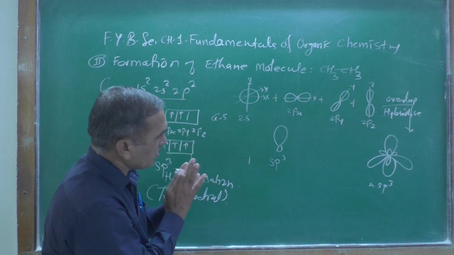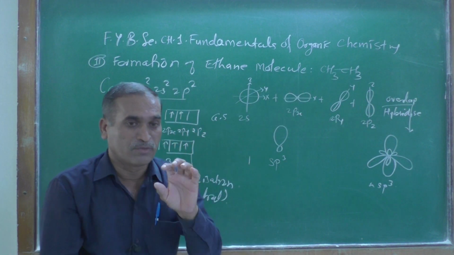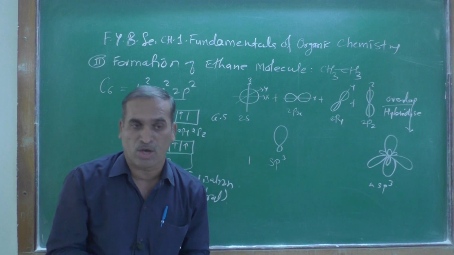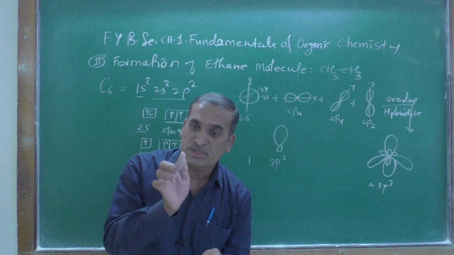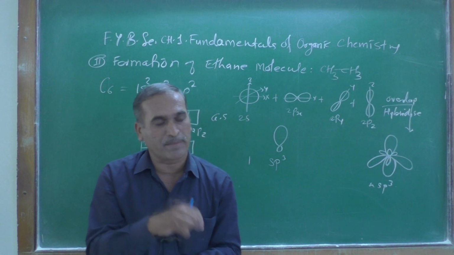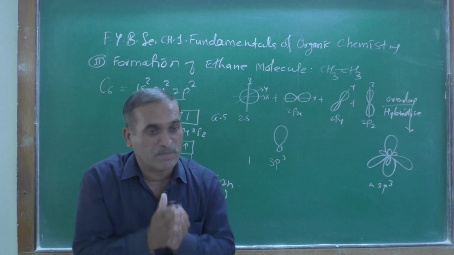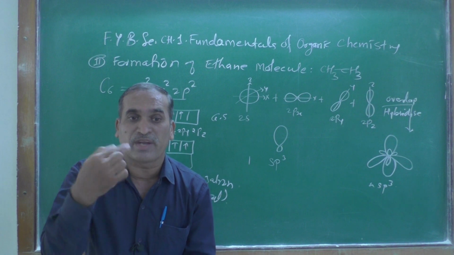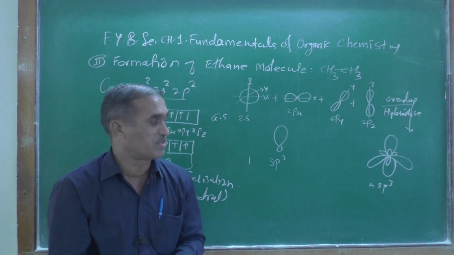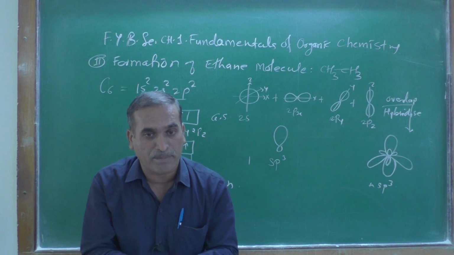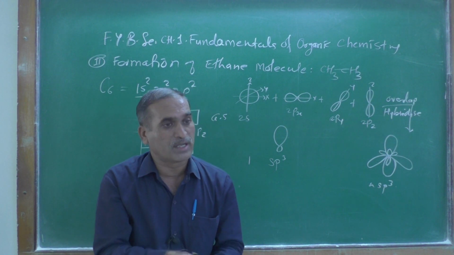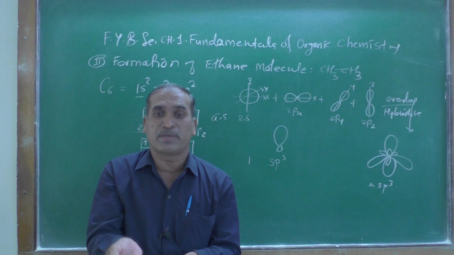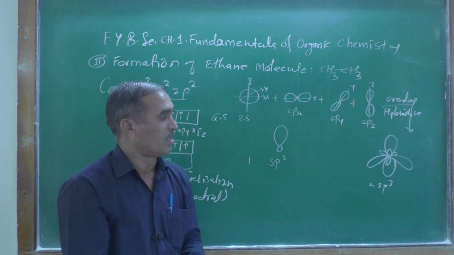When the ethane molecule is formed, one of the sp3 hybrid orbitals, and remember, when an sp3 hybrid orbital is formed, it has maximum symmetry, and second, it has a definite direction, meaning orientation in space. Therefore while overlapping, a hybrid orbital can overlap with a hybrid orbital as well as with an atomic orbital.